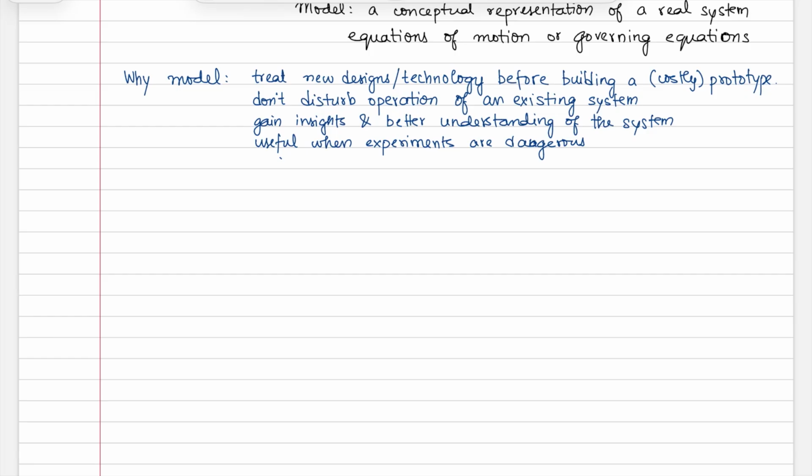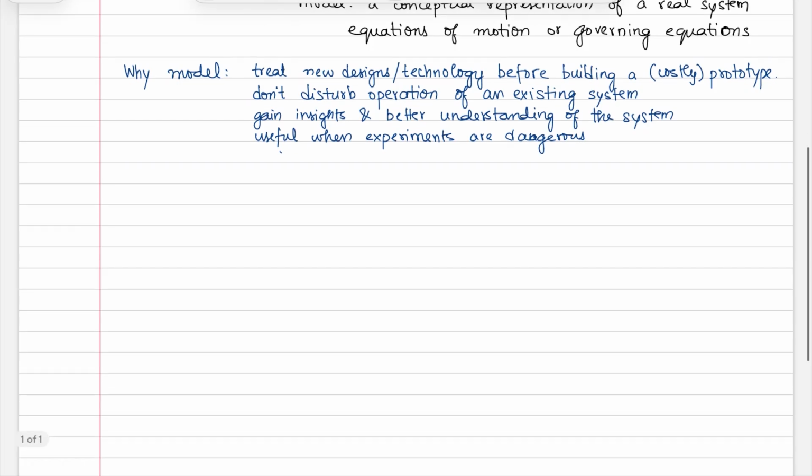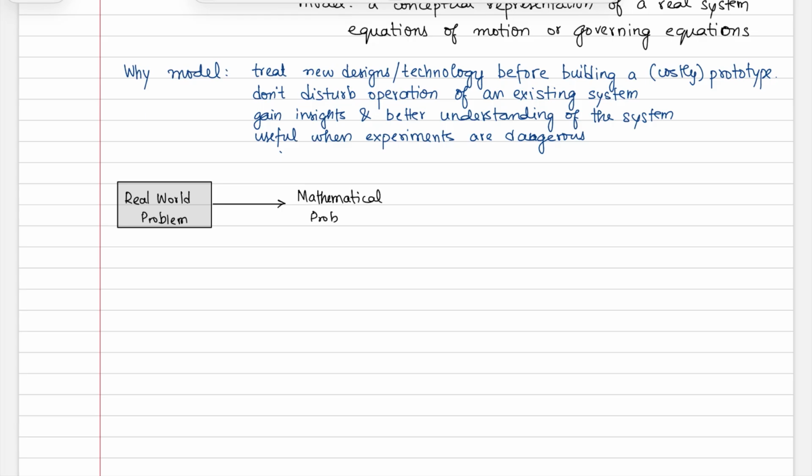So in general, when you're trying to build a mathematical model, you start with a real world problem that you're interested in. So this is what exists in the real world. And then you want to build a mathematical version or a mathematical representation, because then you can analyze the system and obtain a solution, right?